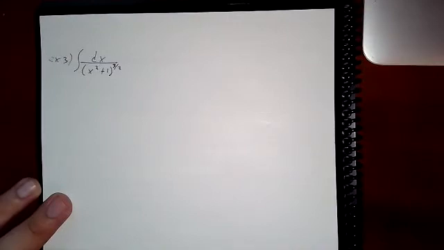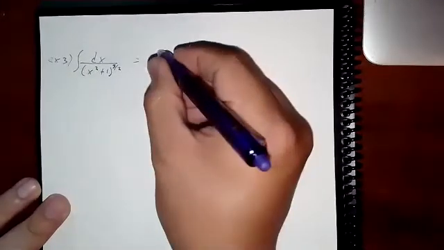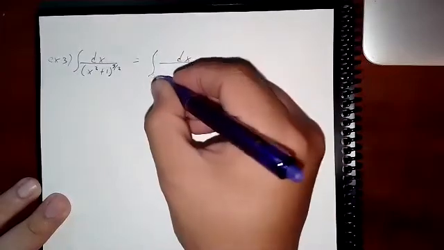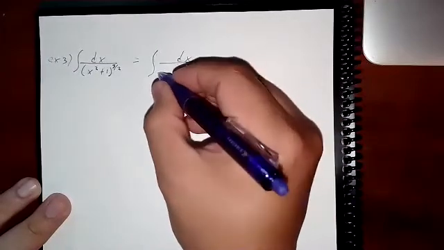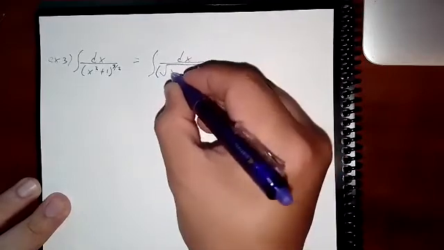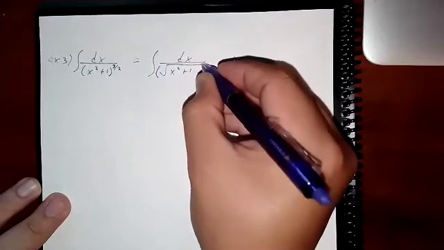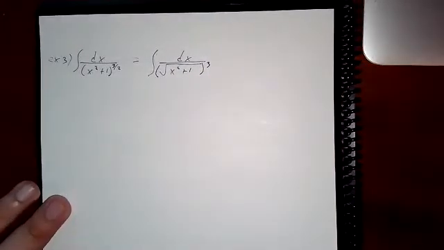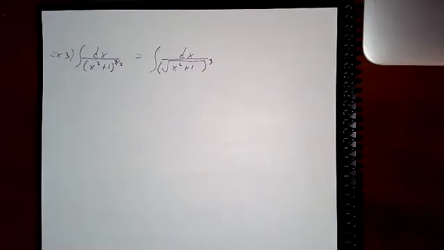Okay. So this is dx over (x squared plus 1) to the 3 halves, which can be rewritten as dx over the square root of x squared plus 1, cubed. So which one is it?